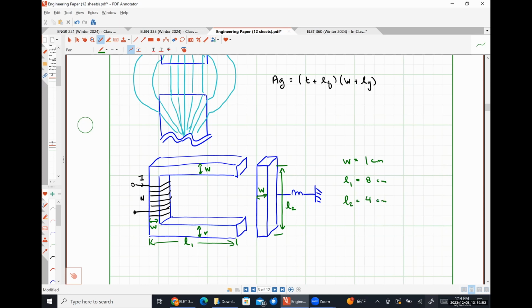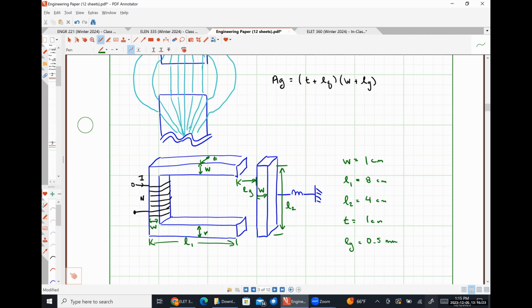Call it 4 centimeters. Our thickness, T, will be 1 centimeter. And then lastly, the length, that looks like a Q, not a G. Our gap length, LG, will be half of a millimeter.